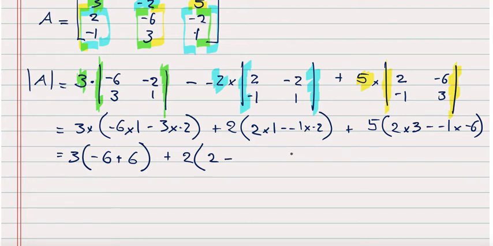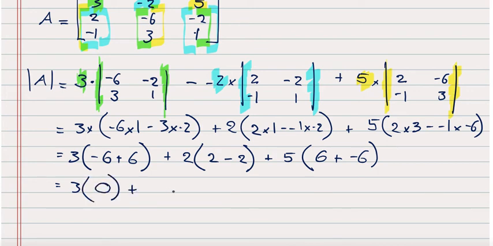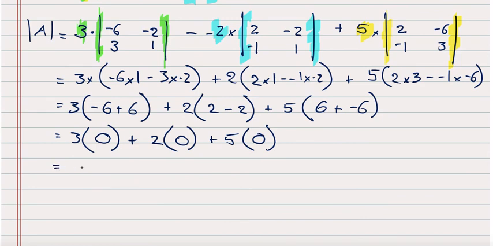Minus negative 2 is 2, plus 5. 2 times 3 is 6, minus negative. So in this case, I chose a very bad example, and everything is going to cancel out. So in this case, our determinant is going to be 0.